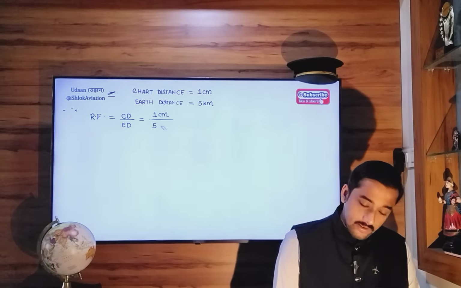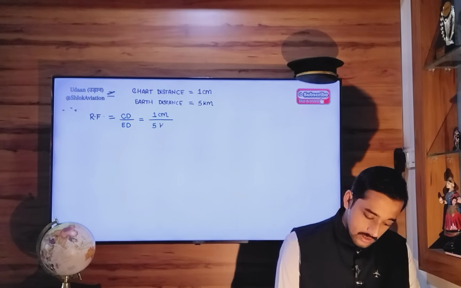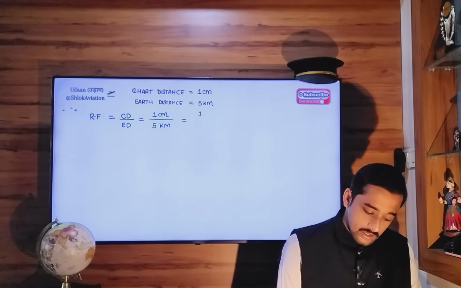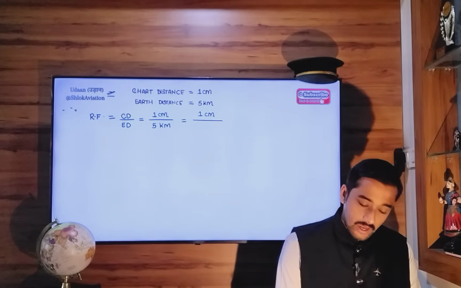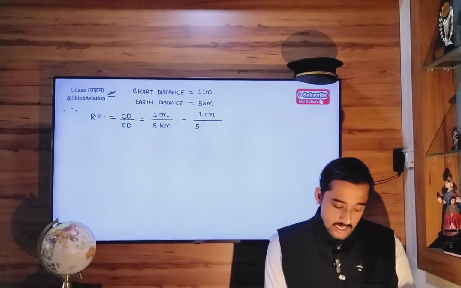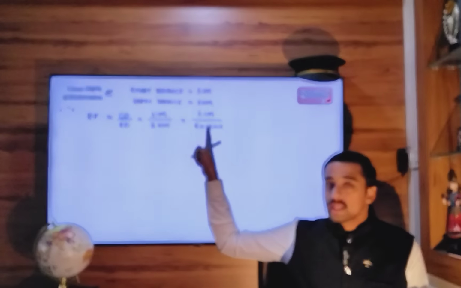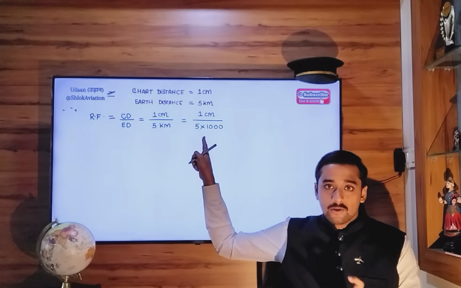Let's convert this 5 kilometer into corresponding centimeters. 1 kilometer equals 1000 meter. So write 5 into 1000, which is 5000 meters.